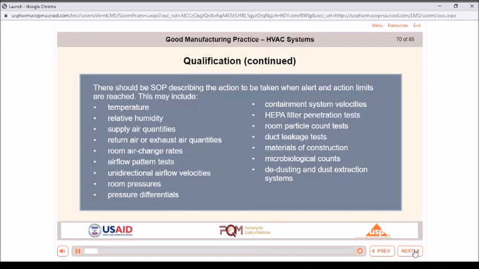Qualification continued. There should be an SOP describing the action to be taken when alert and action limits are reached.